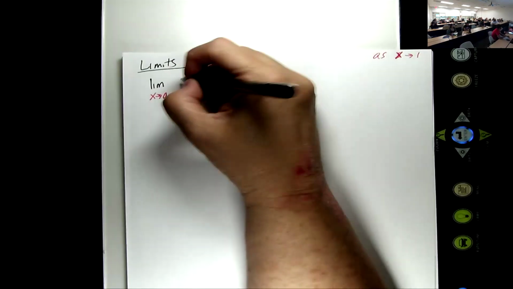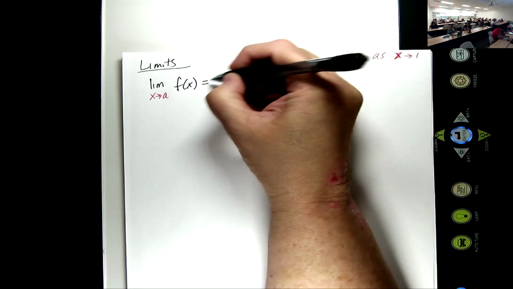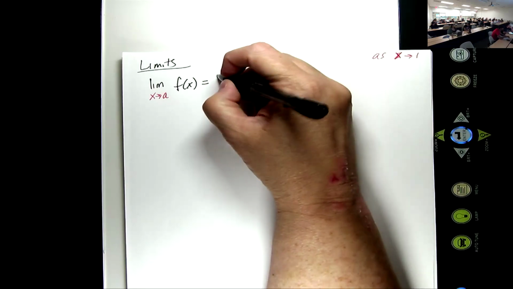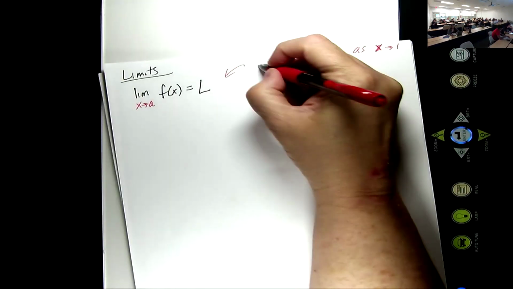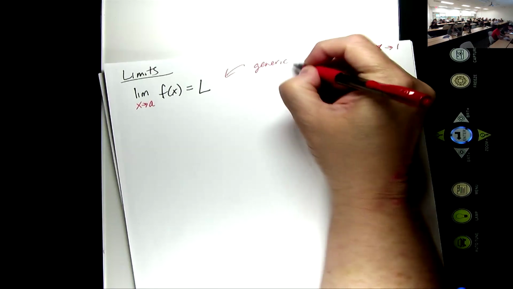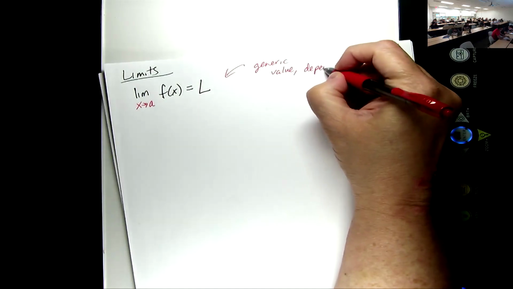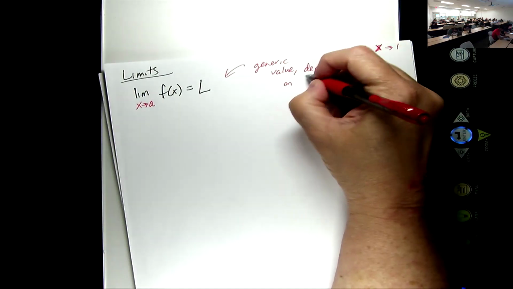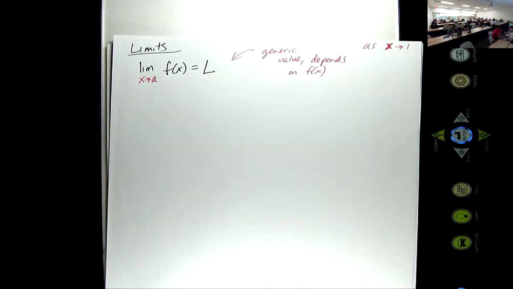And we're taking the limit of some function. And assuming it exists, we're going to say it equals L. So this is just a generic value. We don't know what it is. Depends on f of x. It's kind of like putting in a C there, but we use L for limit.